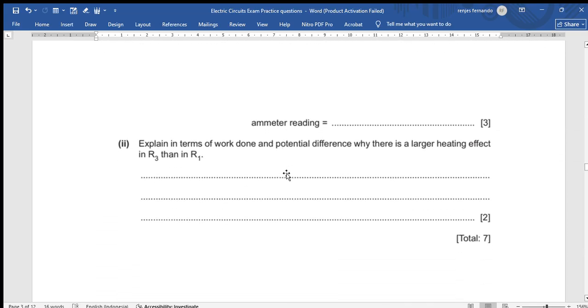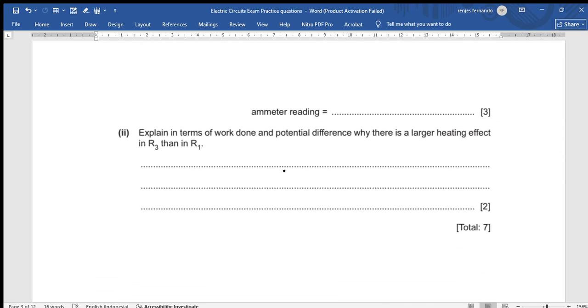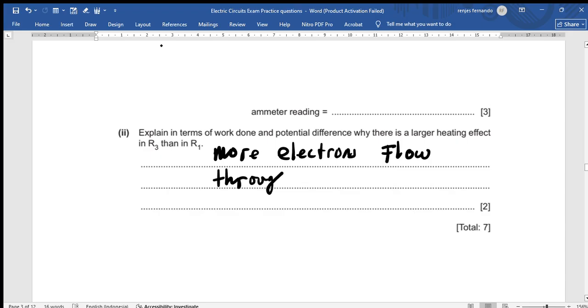So we can say that more electrons flow through R3, so that it becomes heating. Yeah, makes it heat.